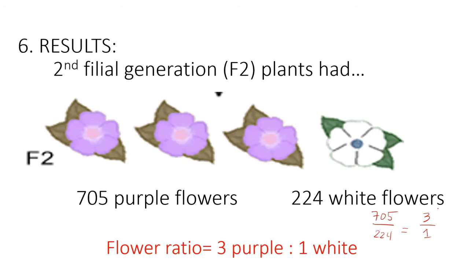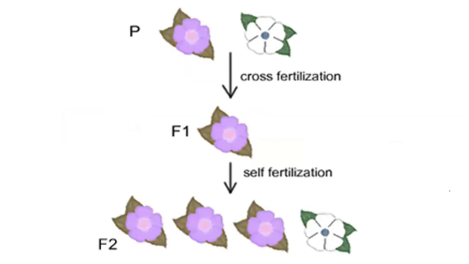Okay, so as a summary, this is your parental generation. In your parental generation, this flower is 100% purple and this one is 100% white. Doing the cross-pollination and cross-fertilization, the result was 100% purple flowers.